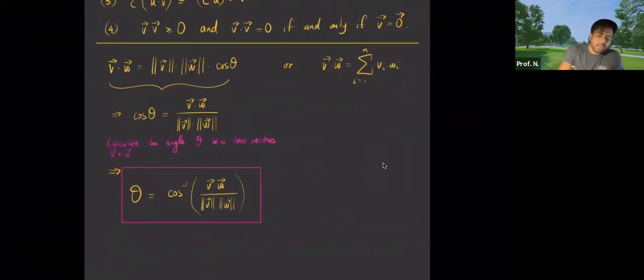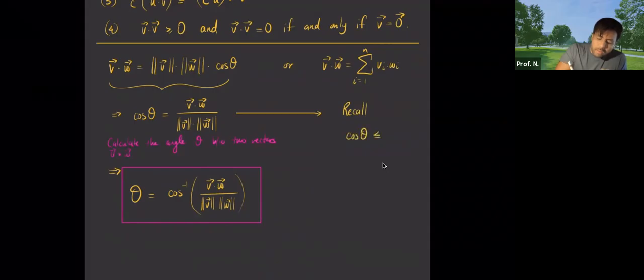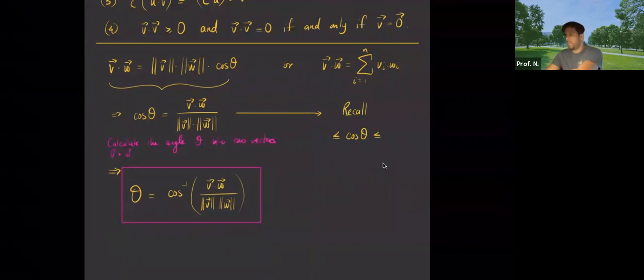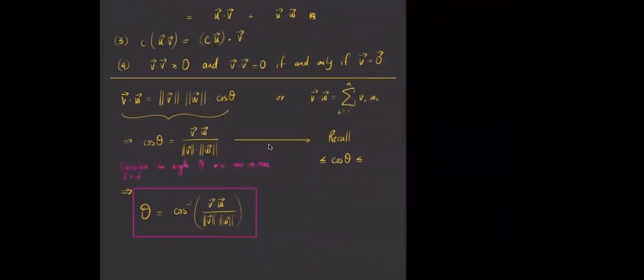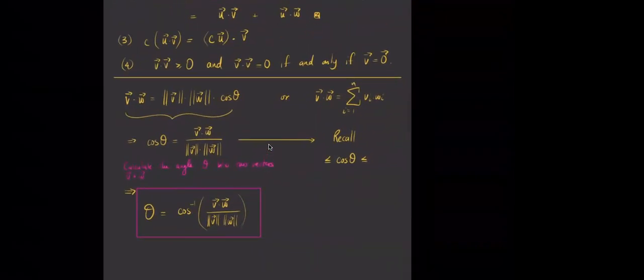Now I'm going to give a little more attention to this one. Now recall, what is cosine bounded by? What is cosine always between? Is it adjacent over hypotenuse?